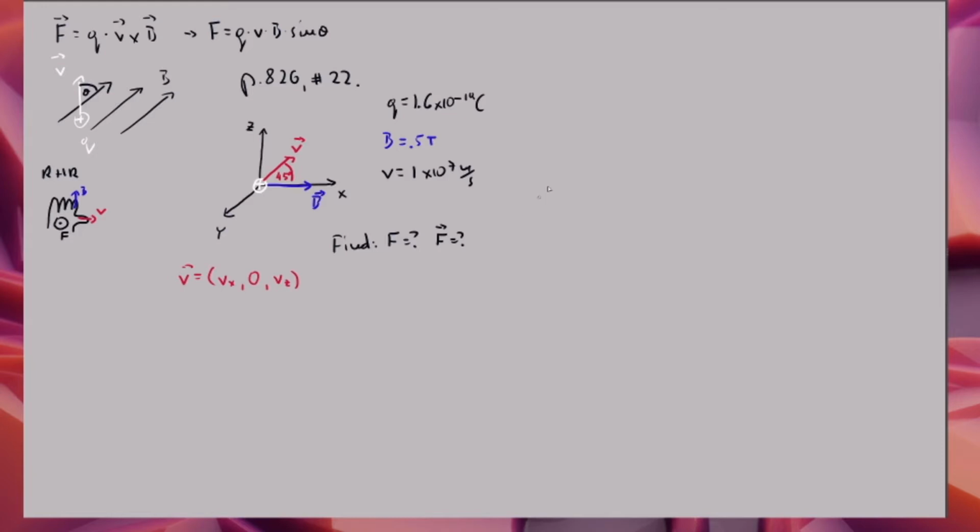All right, so let's first figure out the magnitude, because that should be an easy one. Let's do it down here. So then the force would be Q times V times B times the sine of the angle theta. That's 1.6 times 10 to the minus 19th times the speed, which is 1 times 10 to the 7th, times the magnetic field, which is 0.5 Teslas, times sine of 45.